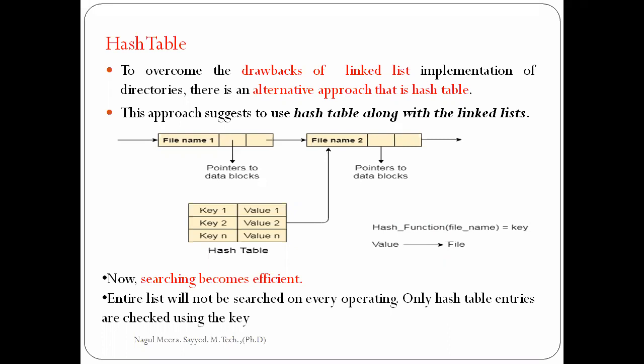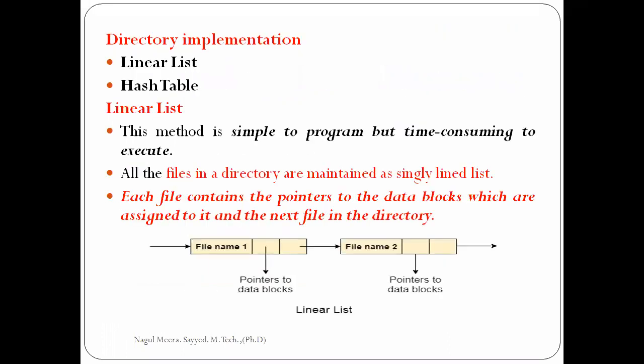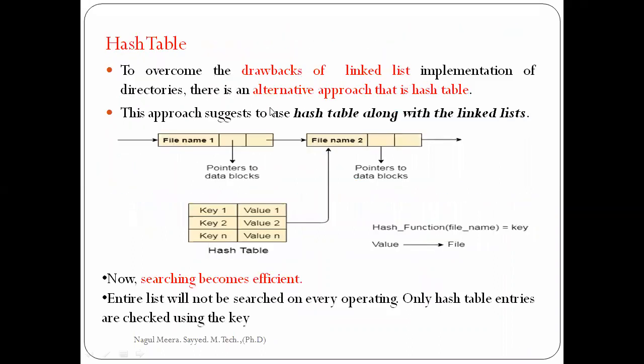This implementation is very easy, but at the time of execution, this linear list is very slow, nothing but a time consuming process. These two are major drawbacks in linear list. Now with the help of hash table directory implementation, we can overcome these two drawbacks.